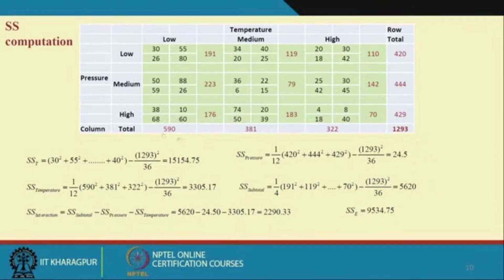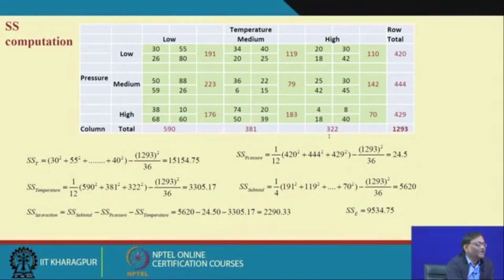Column 1 total is 590, column 2 total is 381, column 3 total is 322. This one is y i dot dot, this one is y dot j dot, and another total is the cell total y ij dot: the first cell is 191, the second cell total 222, the third cell total 176. Similarly, all totals are computed.